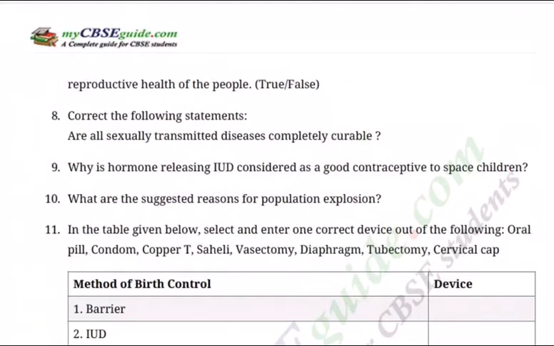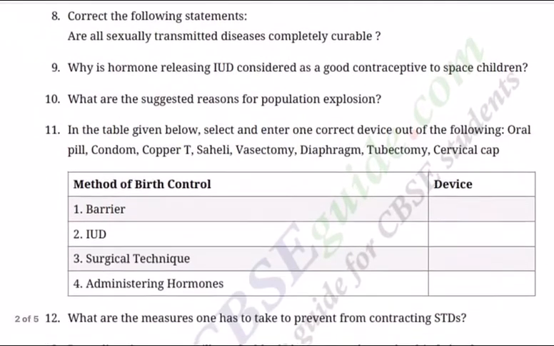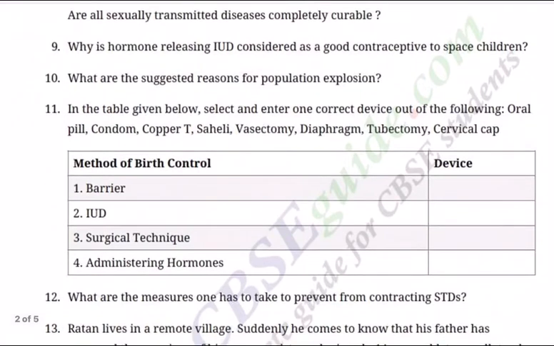Question number 9. Why is hormone releasing IUD, intrauterine device, considered as good contraceptive to space children? There is a hint for the previous question in this question. Question 10. What are the suggested reasons for population explosion?